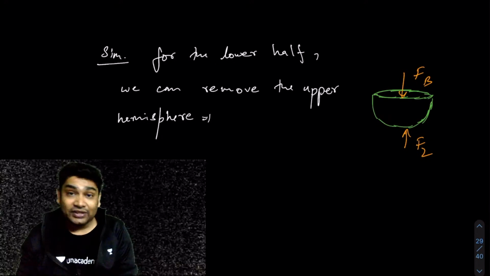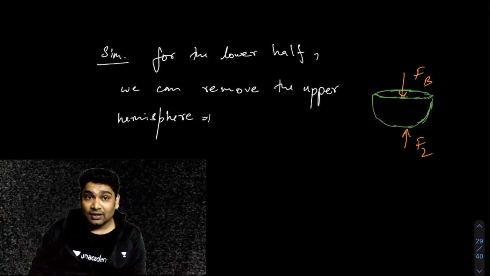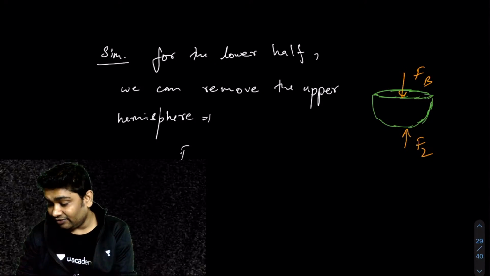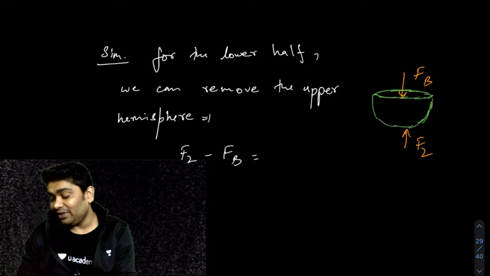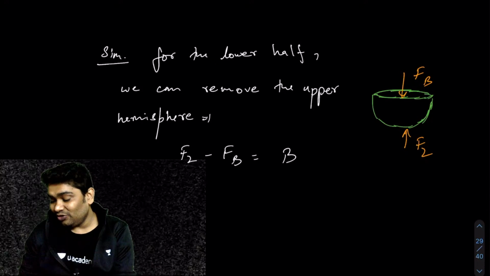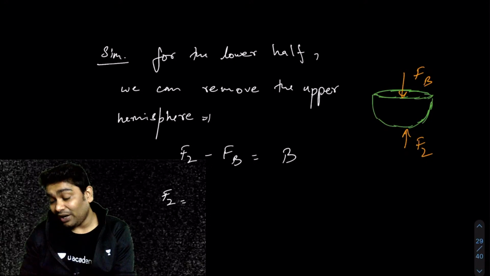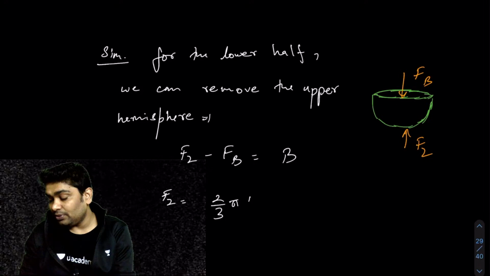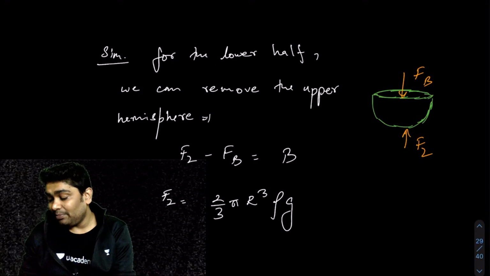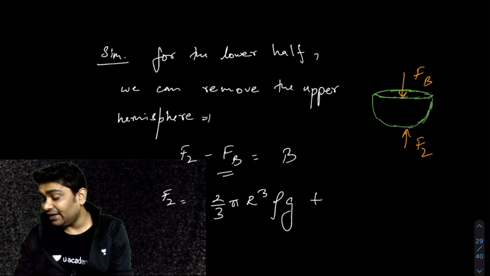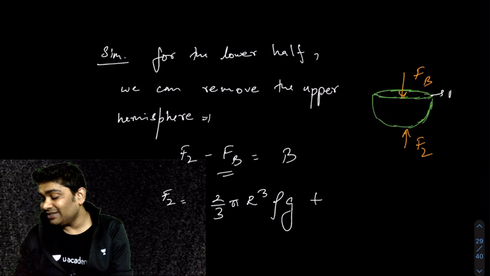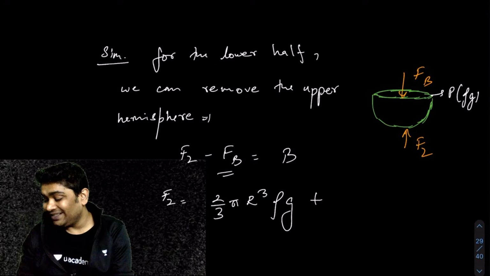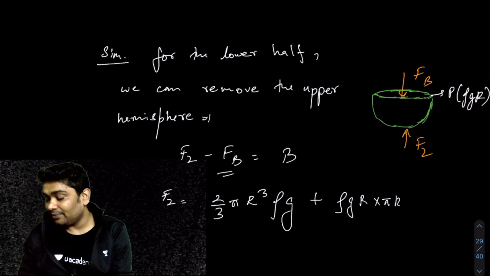If I remove the upper hemisphere, then I realize that F2 minus F on base should be equal to the buoyant force. So F2 would be equal to the buoyant force, which would be 2 by 3 pi r cube rho g, plus the F on base. For F on base, the pressure you will realize is rho g r, so it will be rho g r into pi r square.